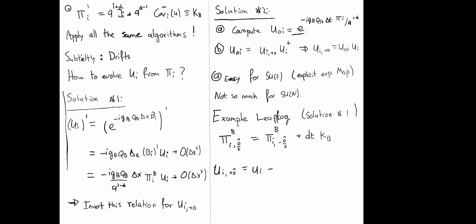You write I g b q b delta x delta t over a1 minus alpha, and then you have your pi I at a half, so really that comes from here.